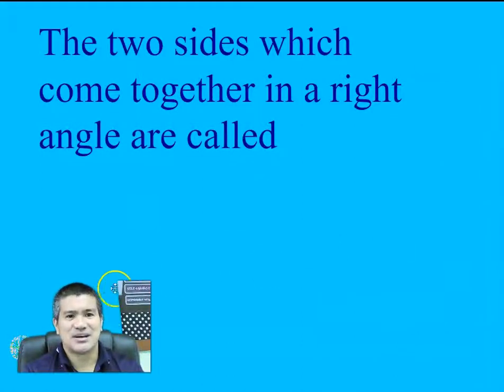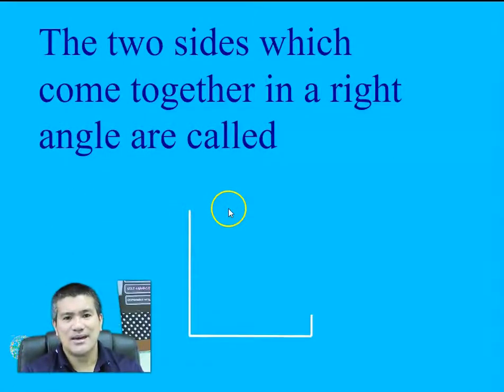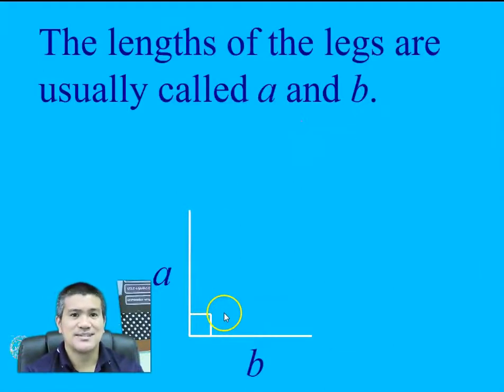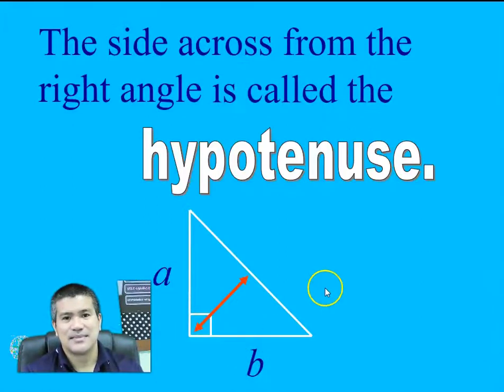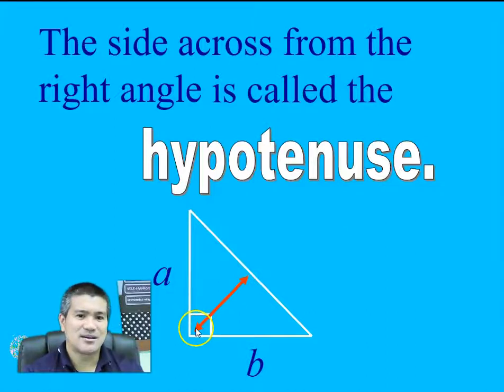The two sides which come together at a right angle are called the legs. Here are the two legs of the triangle, which we sometimes denote with the variables A and B. The other side, which is across from the 90 degrees, we call the hypotenuse.